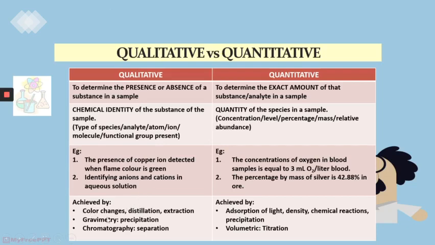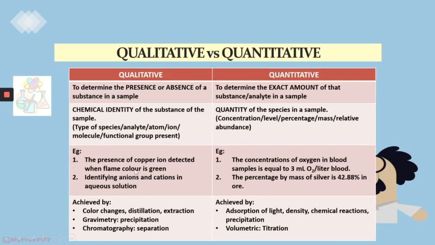Qualitative analysis is achieved by, referring to this, how you determine the presence or absence, what are the tests that you do in order to determine the chemical constituents. It can be achieved by color changes. For example, you do a flame test.